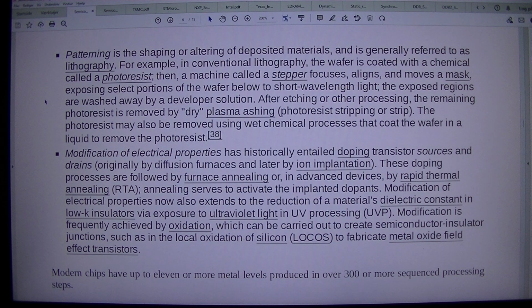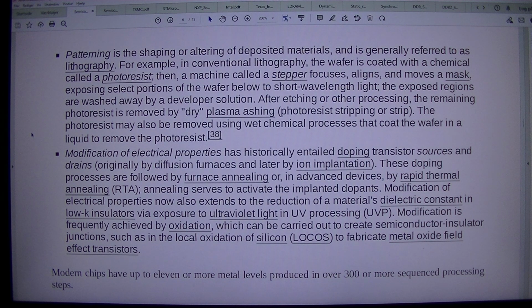The exposed regions are washed away by a developer solution. After etching or other processing, the remaining photoresist is removed by dry plasma ashing, photoresist stripping or strip. The photoresist may also be removed using wet chemical processes that coat the wafer in a liquid to remove the photoresist.